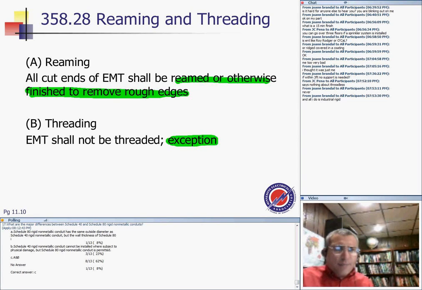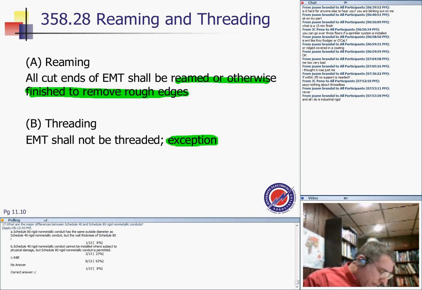Exception. Can I thread an EMT? Non-threadable. So if you go to Article 358, 358.28 says EMT shall not be threaded, exception: EMT with factory threaded integral coupling complying with 358.100.